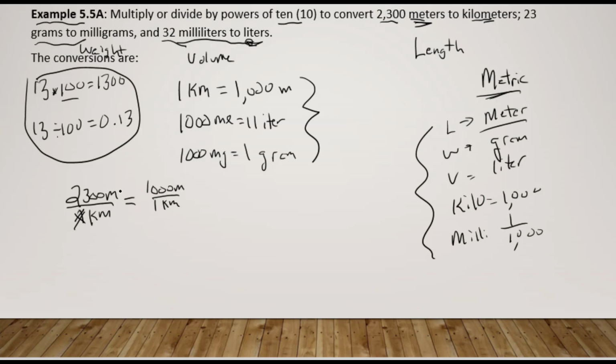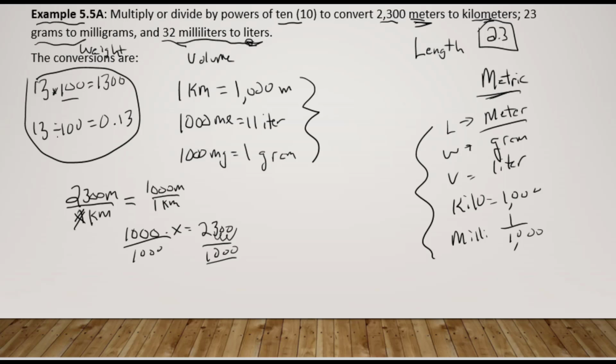So I'll cross multiply. 1,000 times X is 2,300. Divide by 1,000, and you should be able to do this in your head. This is 3 tens. Dividing by 3 tens moves the decimal 3 places. So 2,300 meters is the same as 2.3 kilometers.